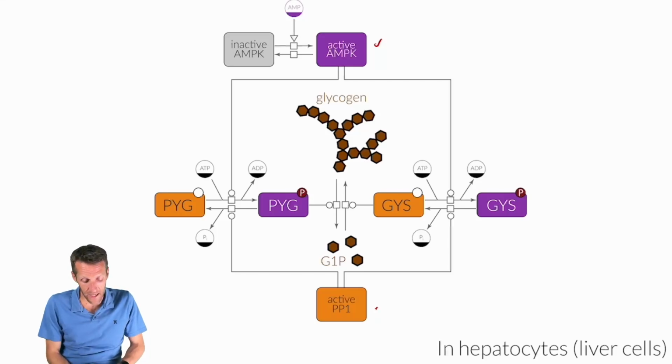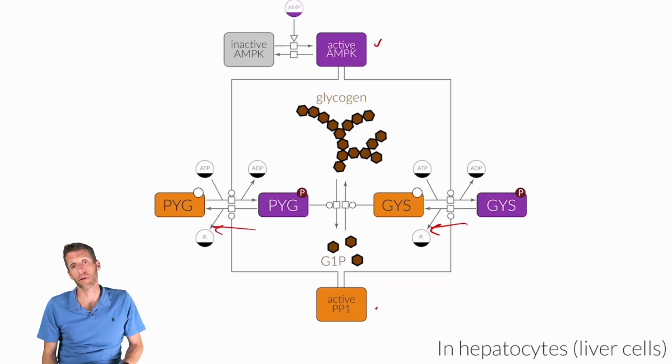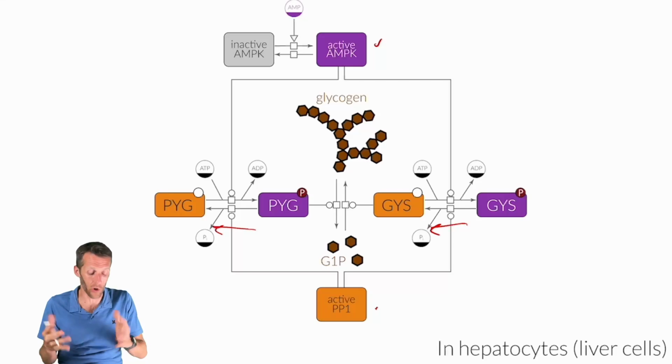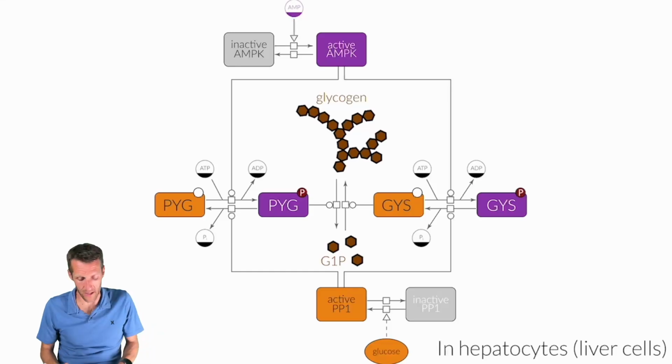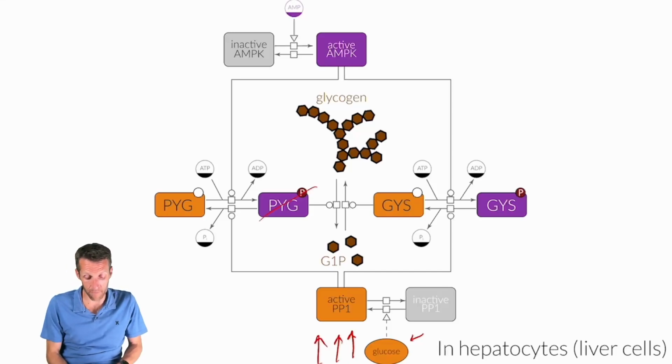PP1 does the opposite. It drives these reactions in this direction. It causes GYS to turn on and PYG to turn off. How is it activated? It's a little bit more complicated than AMPK, but it turns out at the end of the day, it's activated by high glucose. So if your glucose concentration goes up, that says turn off PYG, turn on GYS, start synthesizing glycogen.